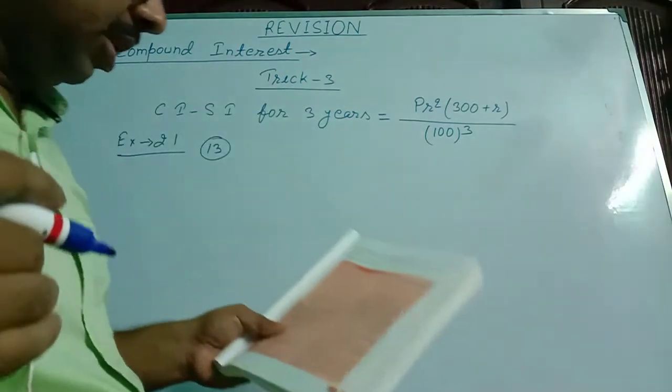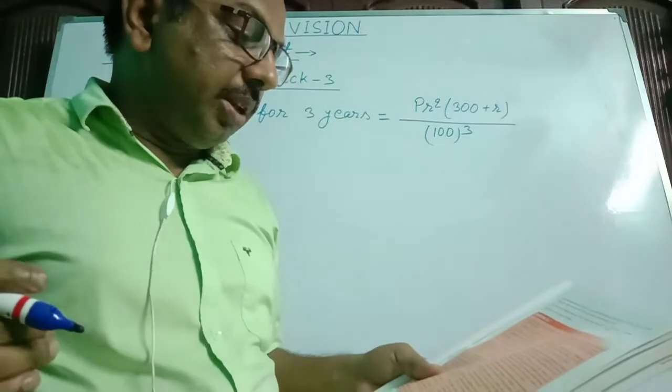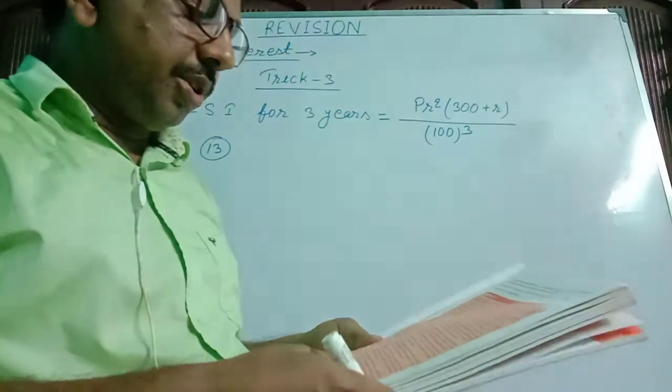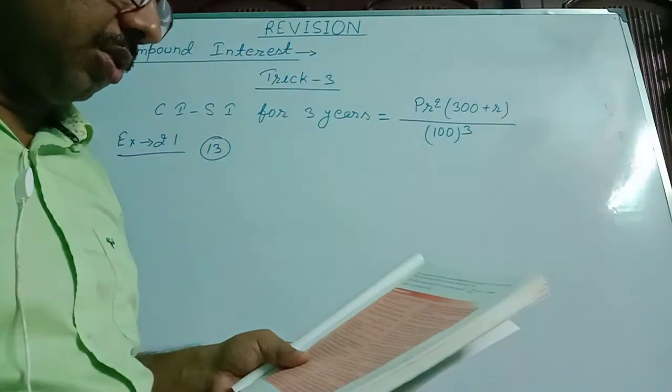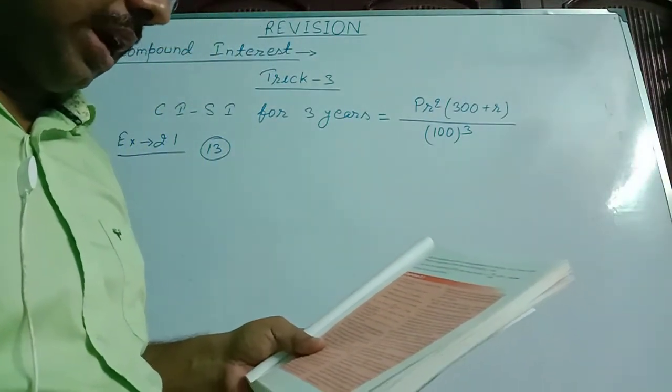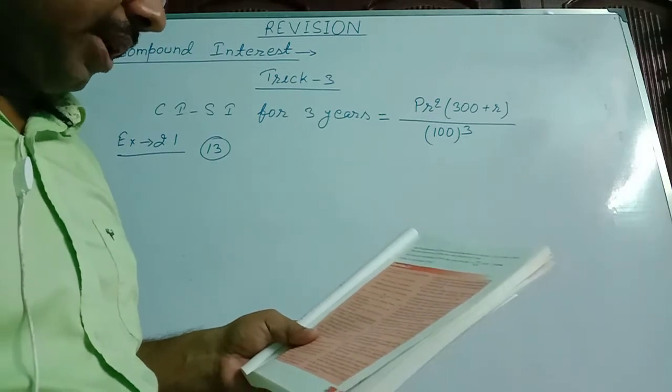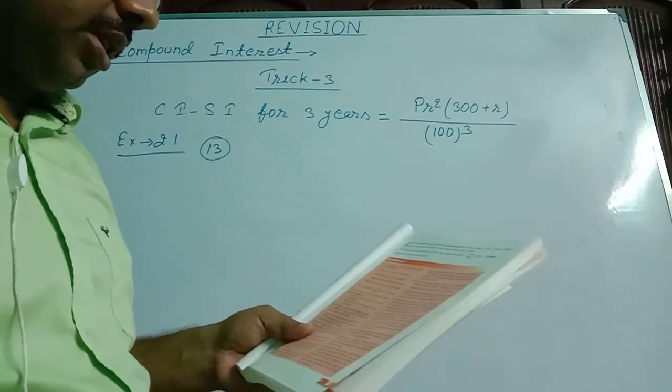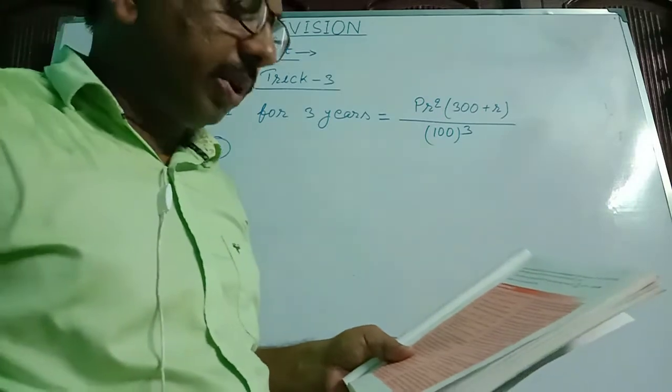In question number 13, you see, find the difference between the compound interest and the simple interest on rupees 20,000 at 12% per annum for 3 years, the CI being payable annually.